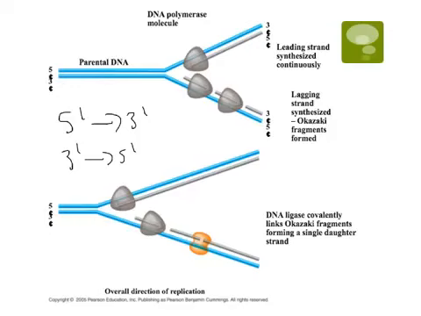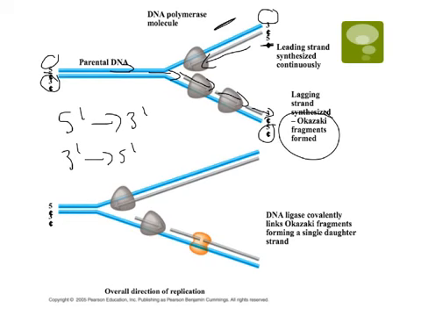So up here, on this top strand, it could read 3 to 5, and it builds its new strand 5 to 3, which is in the same direction as my fork is opening. But on the bottom strand, it has to read from 3 to 5 in this direction, so it has to build in these little pieces. And then as the fork opens up more, it will build another piece and another piece, creating these Okazaki fragments.